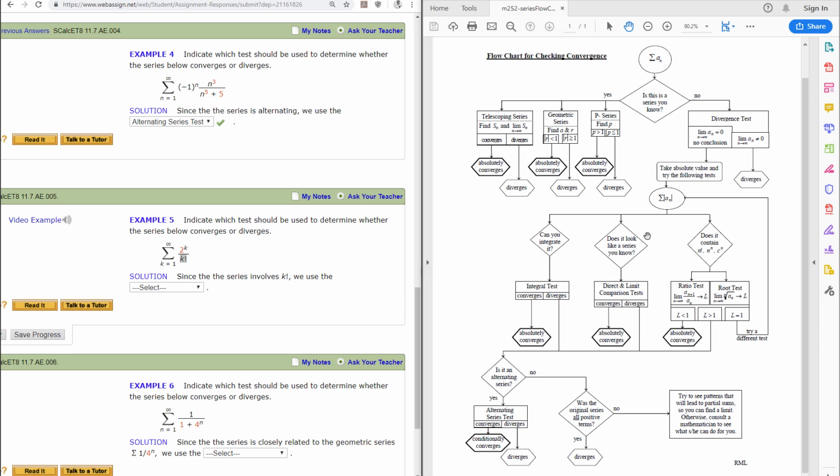But if you don't know that, it does contain a factorial, and it's some constant to the n. So I'd probably take the ratio test for this. Doing the ratio test will allow you to figure out whether this thing converges or diverges. And you'll see that I think the exponential is going to go faster than the factorial.